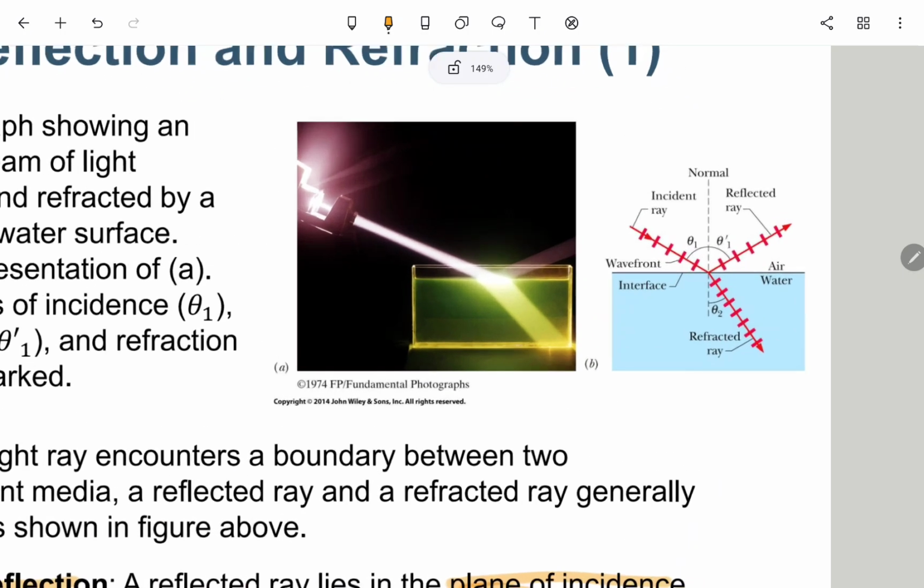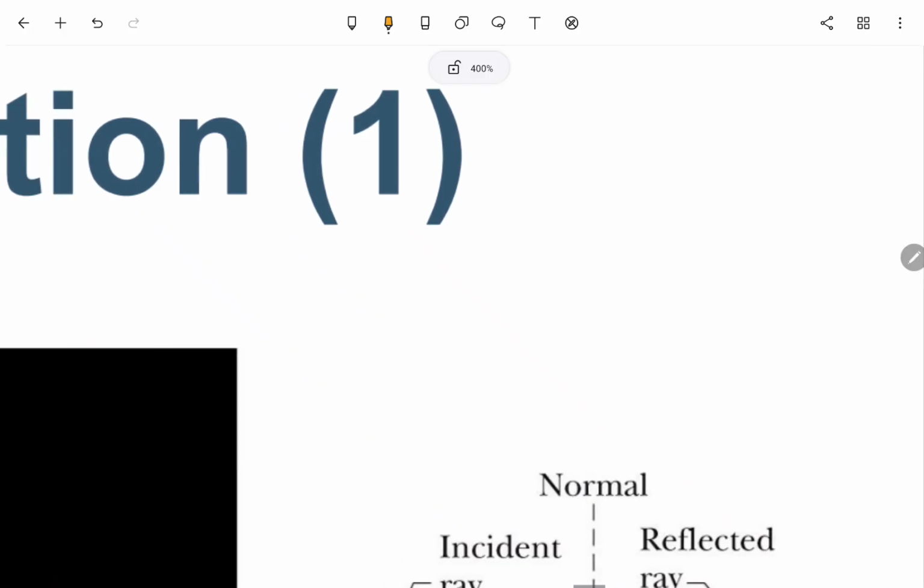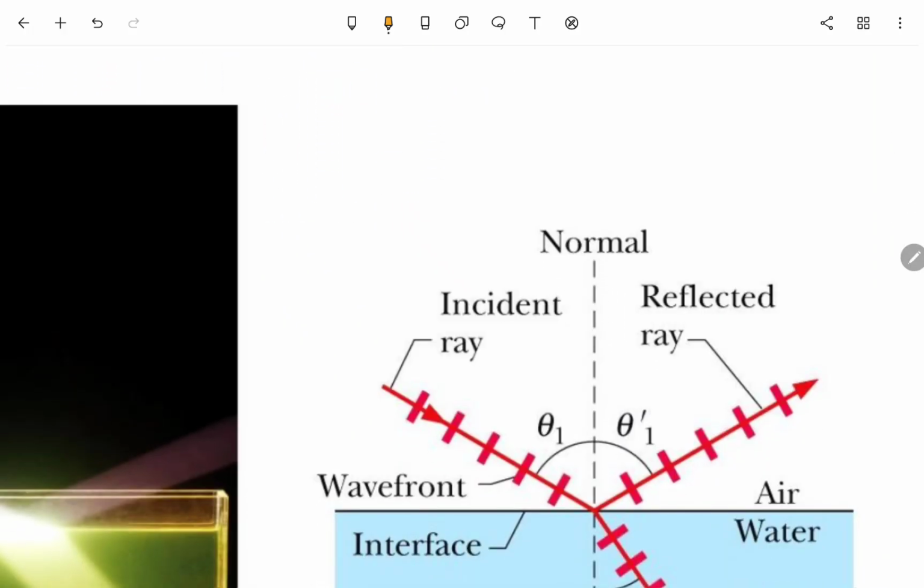How to count the theta: this is the incident ray, this is the reflected ray, and this is the surface that reflects the wave.